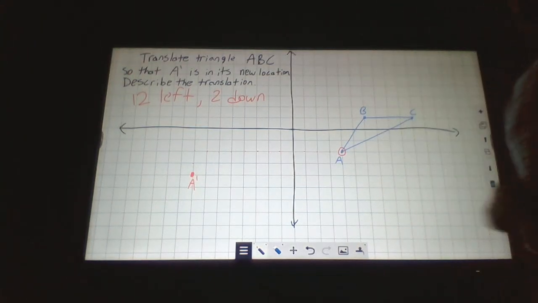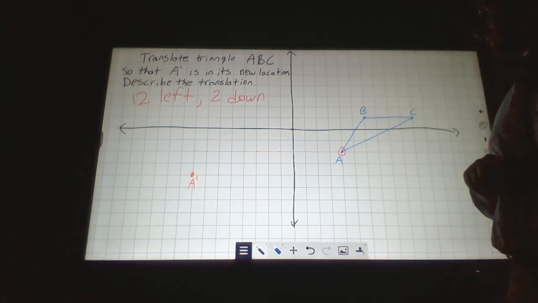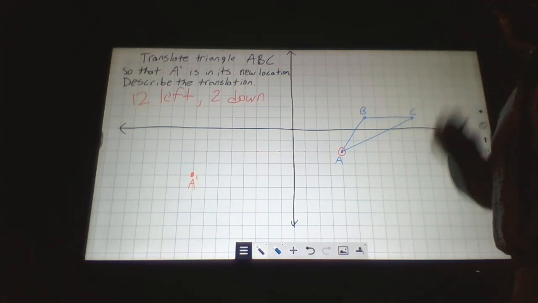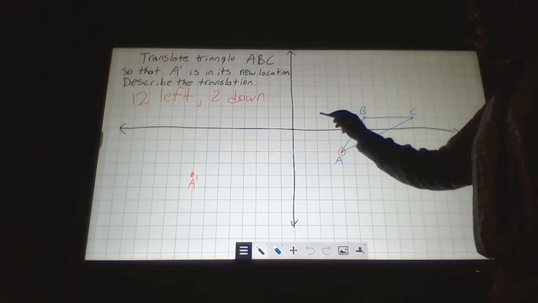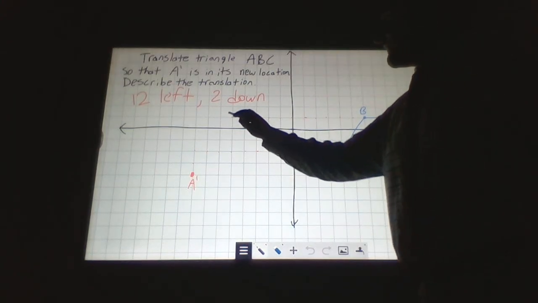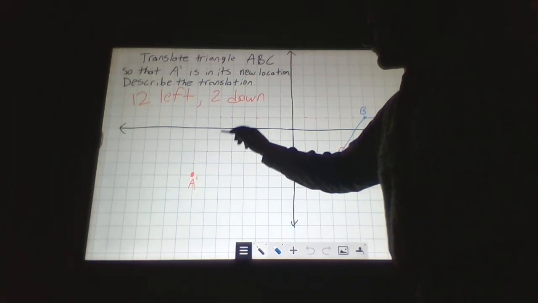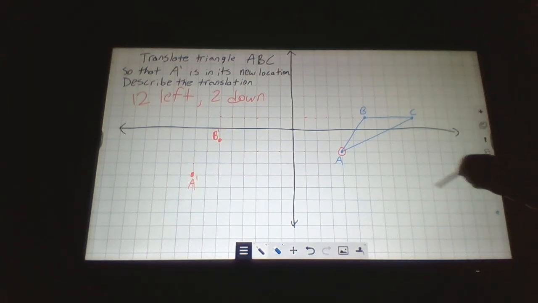So we've taken care of describing the translation, which we had to do anyway according to the directions, and now we just have to repeat these steps for B and for C. 1, 2, 3, 4, 5, 6, 7, 8, 9, 10, 11, 12, and 2 down. There's B prime. And same thing for C prime.